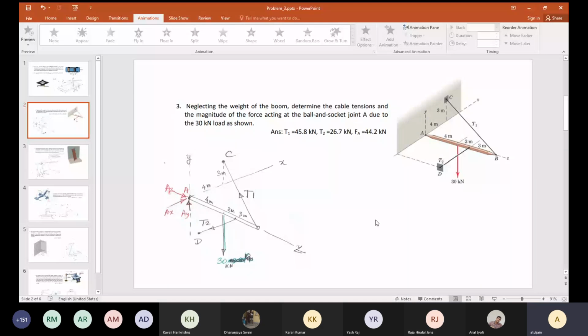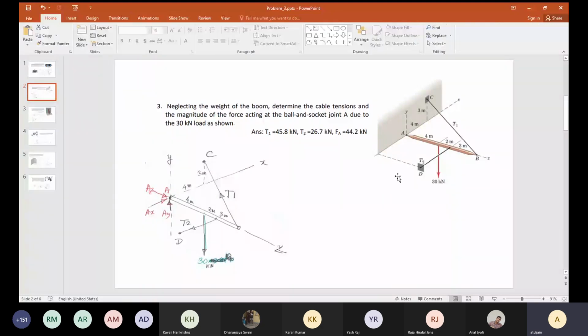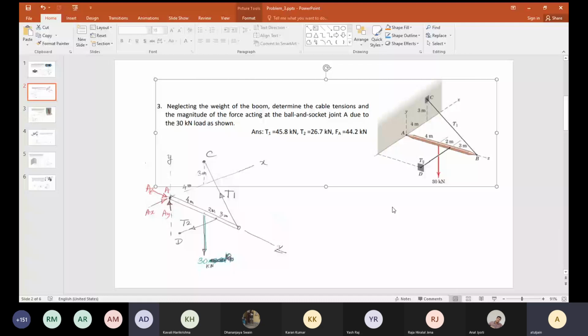Okay, can everybody see this slide? Problems like this, I'm saying it in a very general sense, don't take my word that this will definitely come. But questions like this are very, very popular in exams. Every year, usually there is a question like this, not only at IIT Kharagpur, but at other institutes also.